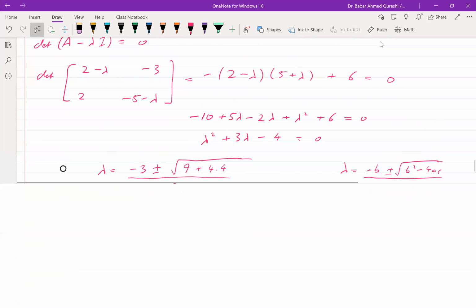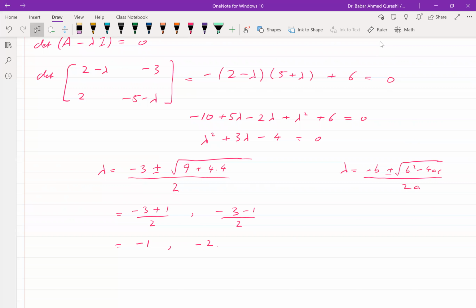Let's see if everything is correct. Minus into 2 minus lambda, 2 minus lambda minus outside 5 plus lambda and minus plus 6.